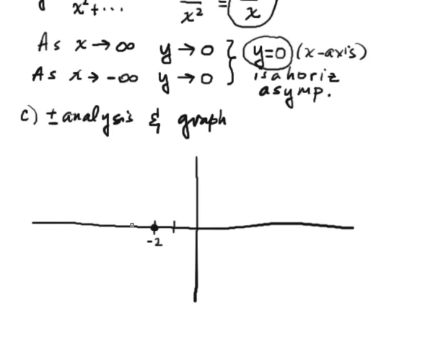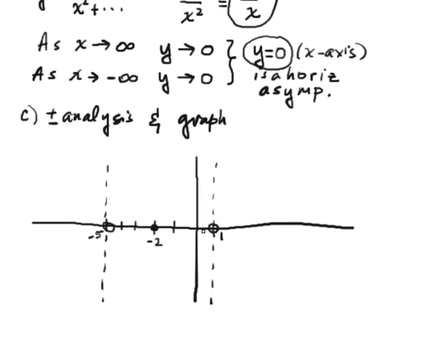Okay, and then we had 2 vertical asymptotes. At minus 5, let's put an open circle there and a dotted line. And at 1, an open circle and a vertical dotted line for the vertical asymptote.